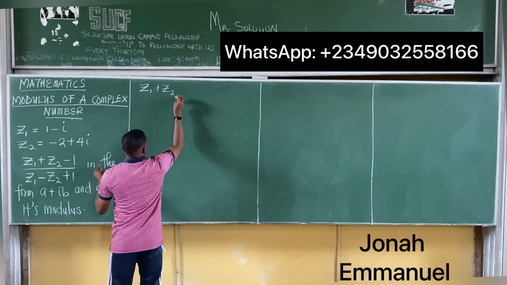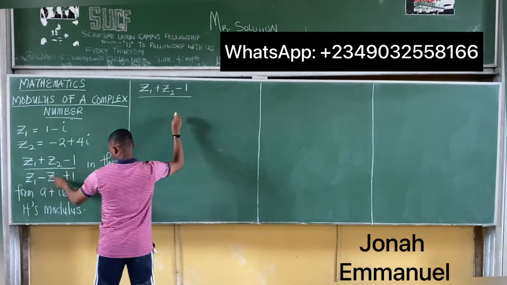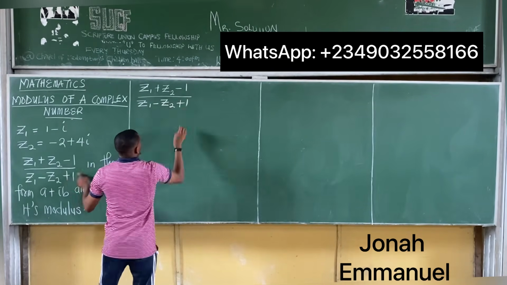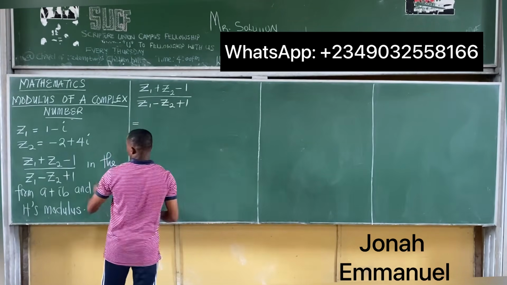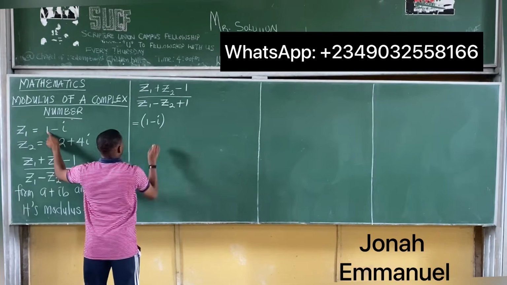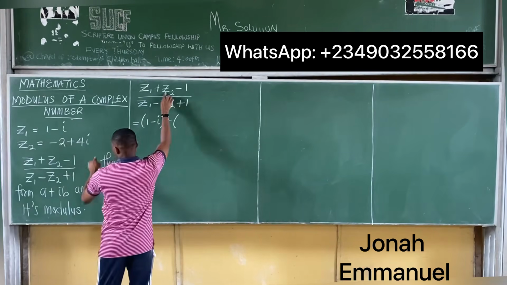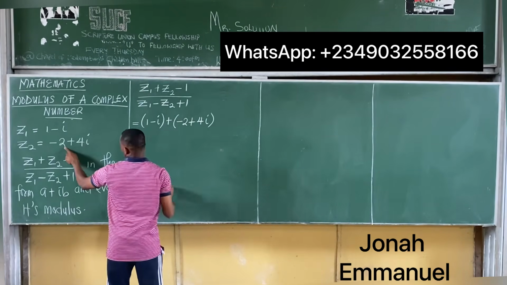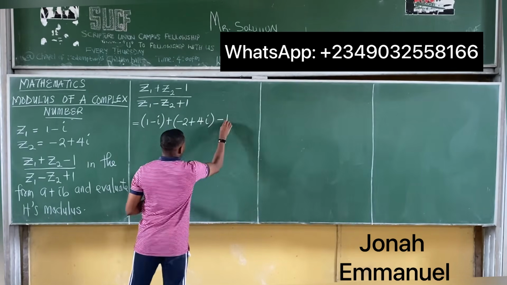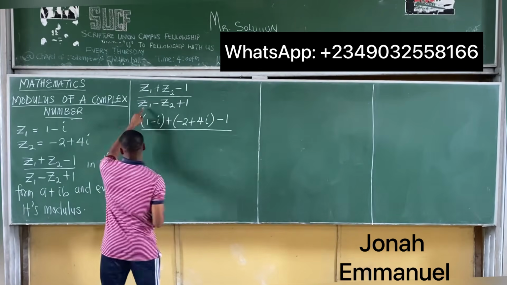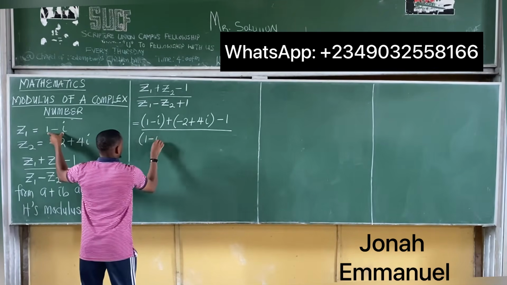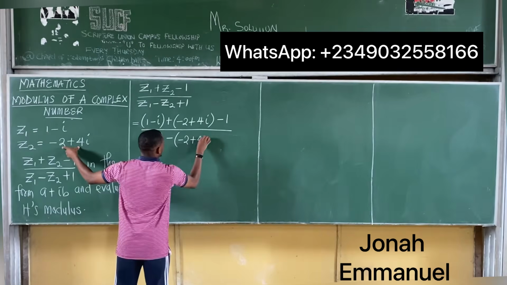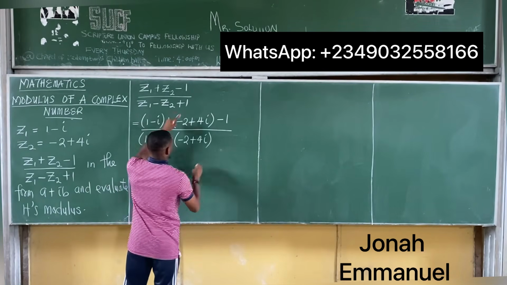If I substitute values, z1 is equal to 1 minus i, plus z2, which is minus 2 plus 4i, then plus minus 1, so minus 1, all over z1, 1 minus i, minus z2, minus 2 plus 4i, then plus 1.